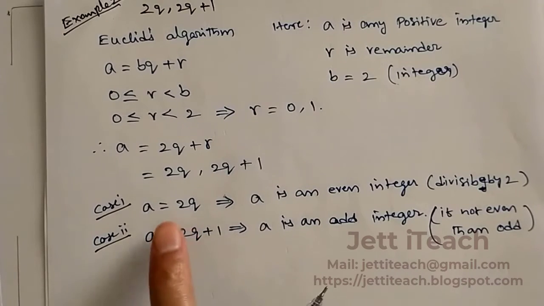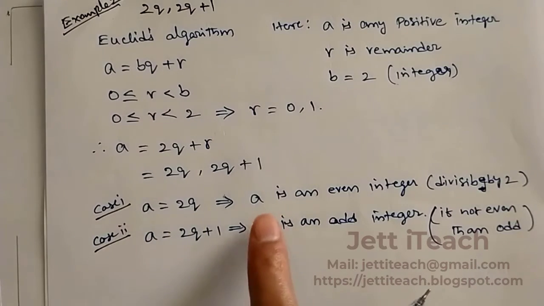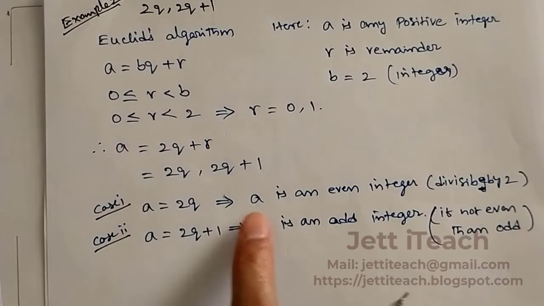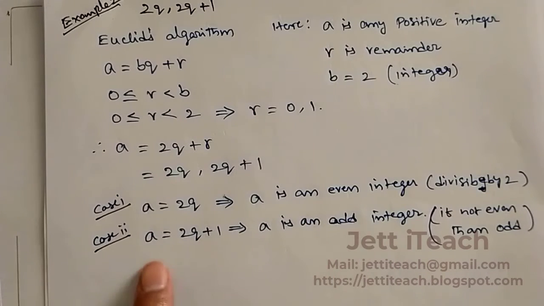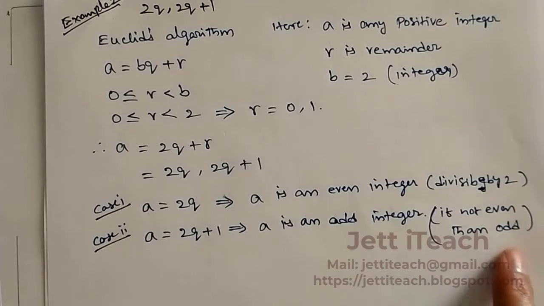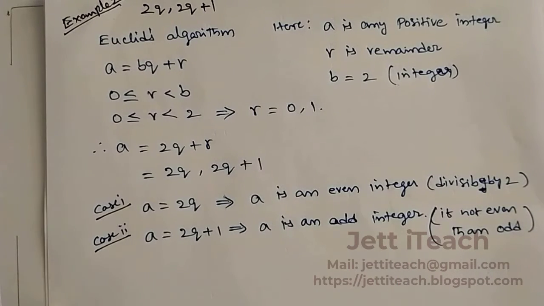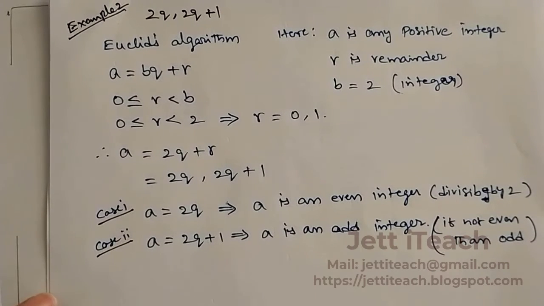Here in case 1, a equal to 2q is divisible by 2, so it is an even integer. 2q plus 1 is not divisible by 2 and is not even. If not even, then odd. Hence we show that 2q is an even integer and 2q plus 1 is an odd integer.